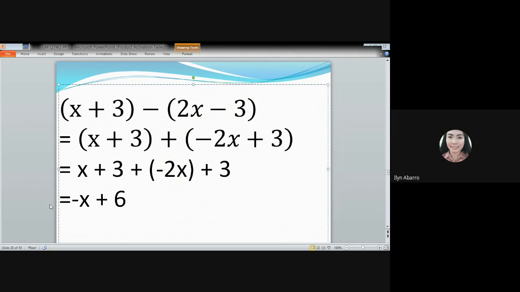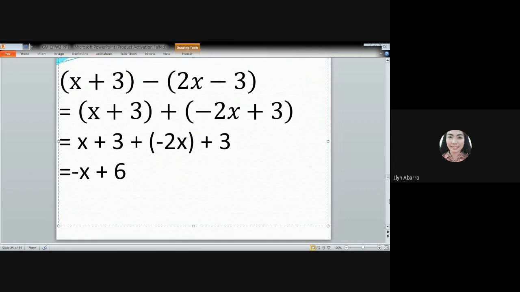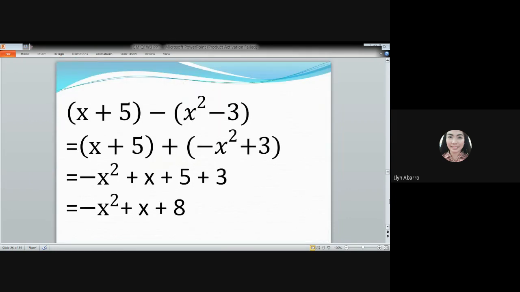We are not writing 1, so we simply write negative x. So understood that there is already 1 there. That is negative 1. Okay, then 3 plus positive 3 is equal to 6. So, our answer is negative x plus 6. Okay, let's have this.